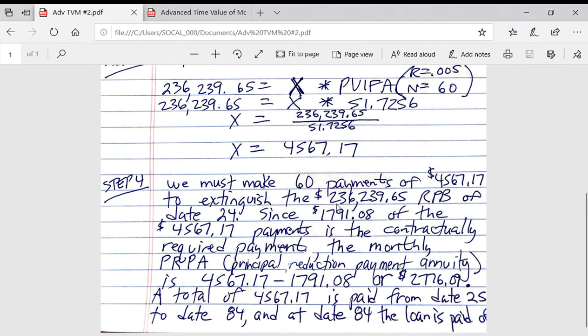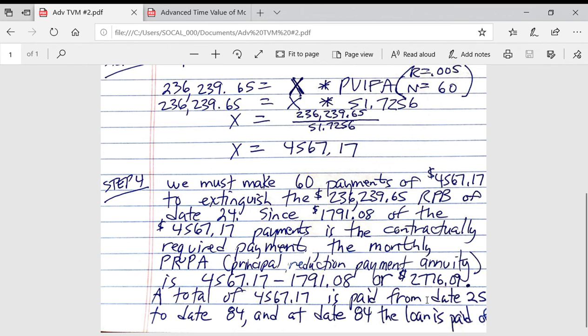Since $1791.08 of the $4,567.17 payments is the contractually required payment, the monthly principal reduction payment annuity is $4,567.17 minus the $1791.08, or $2,776.09.